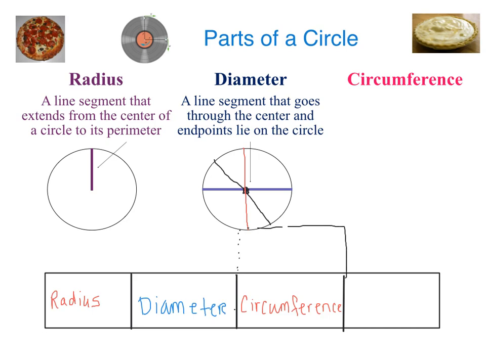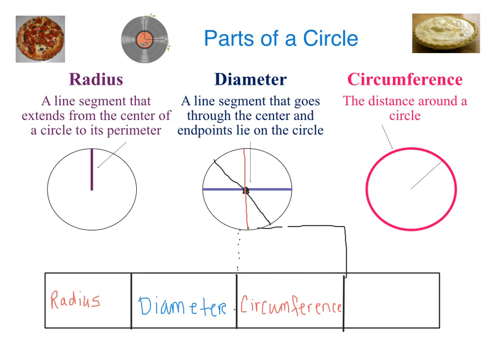And in the top part, you're going to write the definition, which is the distance around the circle. So in the top part of your tab, when you open it, we're going to write the definition and draw the picture up here. So again, the circumference is just the distance completely around the circle.